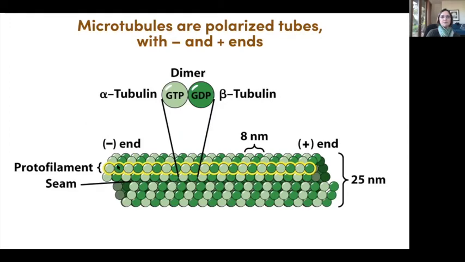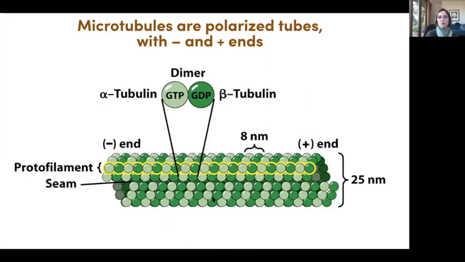In most parts of this structure, the alpha subunits are next to other alpha subunits and the beta subunits are next to other beta subunits, but there's this line where they come together called the seam, where alpha and beta are juxtaposed. And so there's this asymmetry, and the cell takes advantage of that in certain ways to direct movement and to control the assembly and disassembly of this structure.